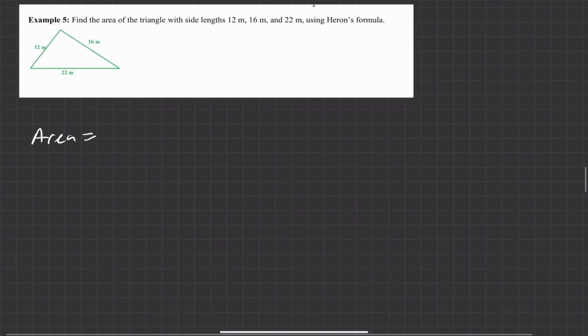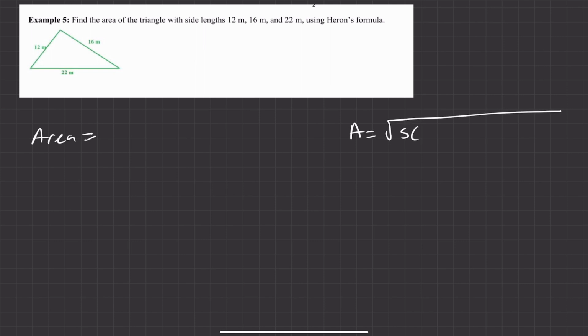It says, find the area of the triangle with side lengths 12 meters, 16 meters, and 22 meters using Heron's formula. Heron's formula, by the way, let's write it. A equals the square root of the semi-perimeter times the quantity semi-perimeter minus a side length times the quantity semi-perimeter minus another side length times the quantity semi-perimeter minus another side length.